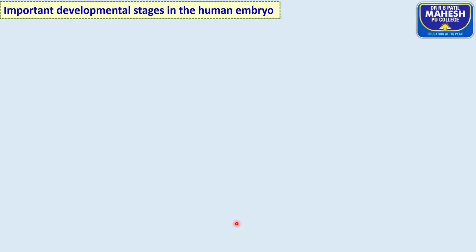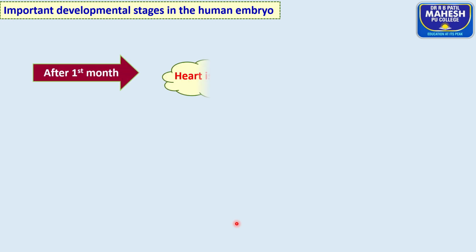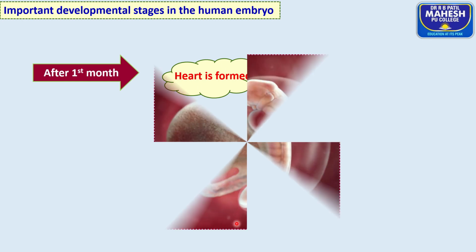So let us start with the developmental stages. As you know, immediately after fertilization, the zygote enters into the three developmental stages: cleavage, blastula, and gastrula. By the end of the first month of pregnancy, the heart is formed.